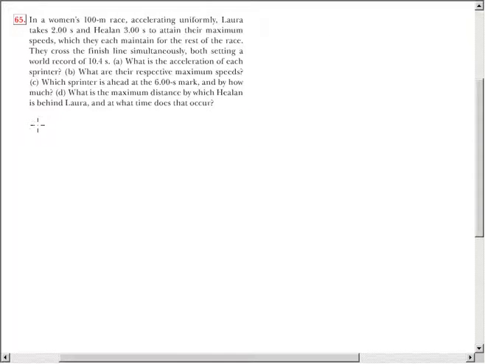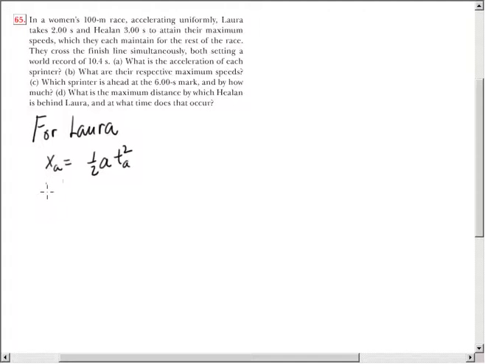Okay, for Laura, we have XA equal to 1/2 the acceleration times the time of acceleration squared.